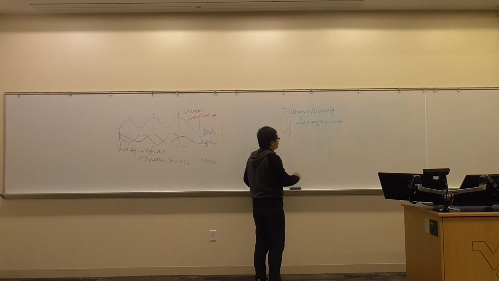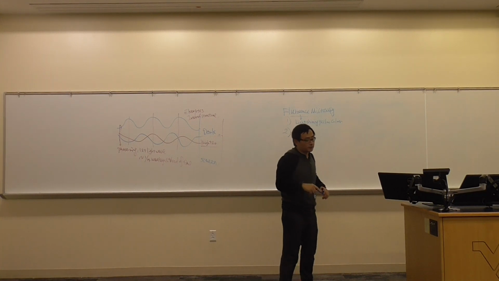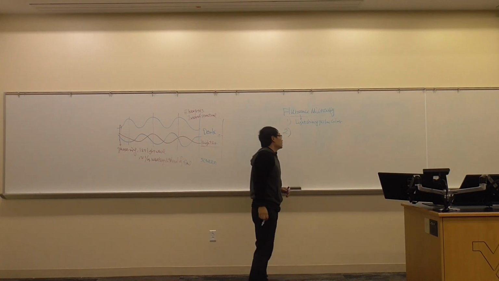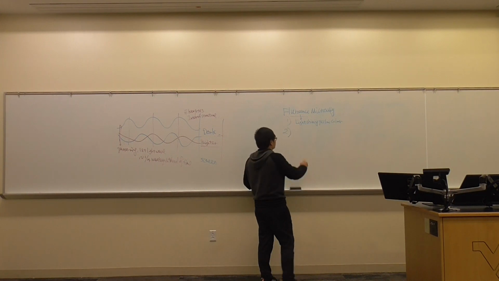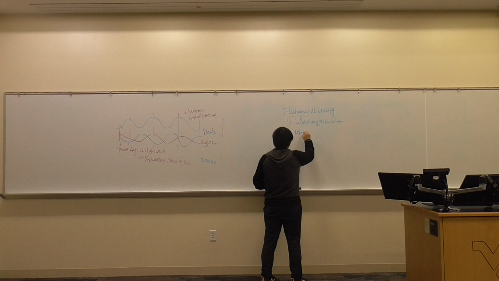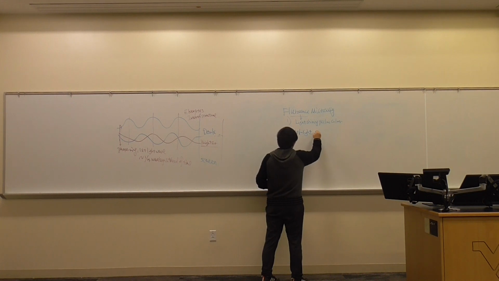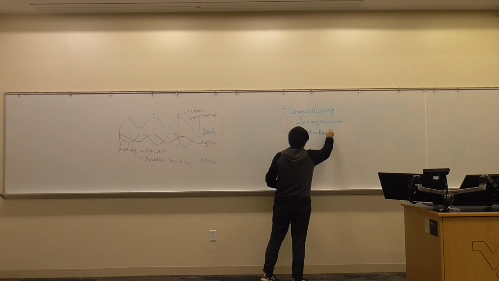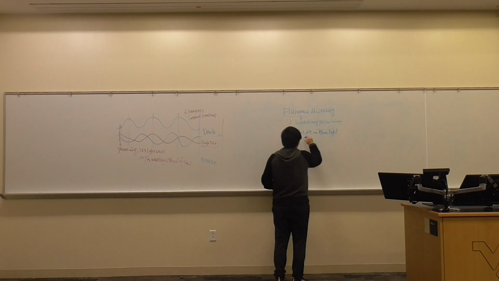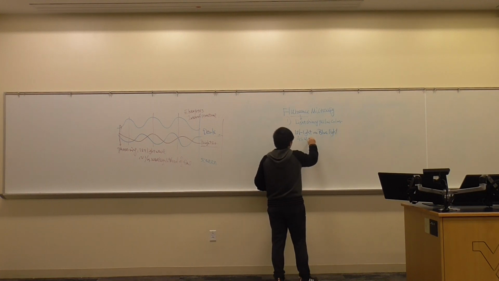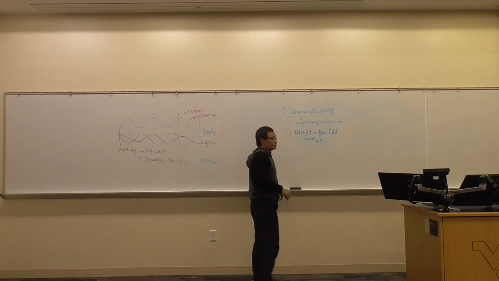Fluorescence microscopy is a little bit different from light microscopy. The energy source is different. They use UV light or blue light as the energy source.